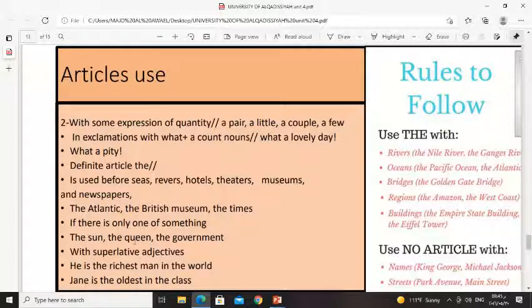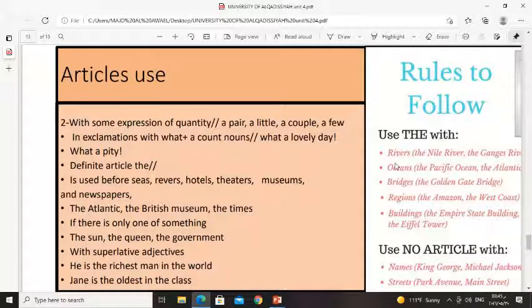The queen, in a certain country there is not more than one queen. The government, one government in this place. Also with superlative adjectives, the highest degree of comparison. He's the richest man in the world. Jane is the oldest in the class.